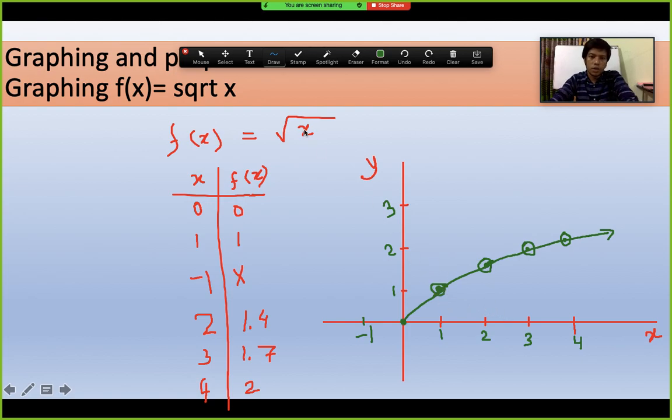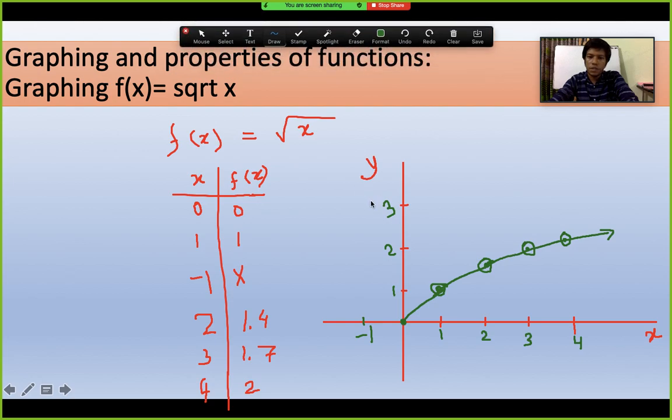So this is the square root of x graph. You can see that the graph is not going in the negative direction. There is nothing here, here or here. The reason is that when we put in the values, our answer only comes in this direction. That's why we have the graph here.